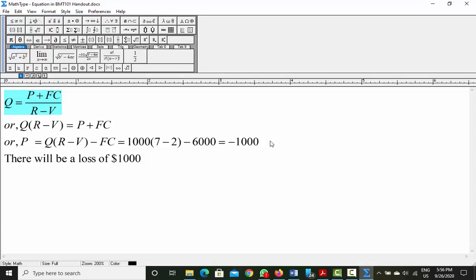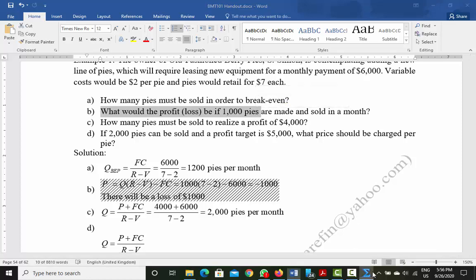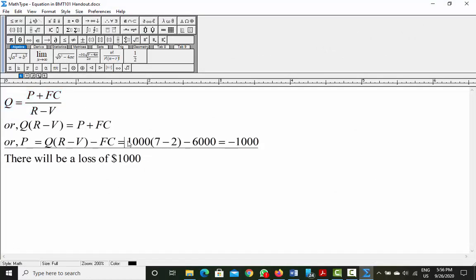Here in this question we want to find out what the profit or loss would be. That means we want to find the value of P if quantity sold is 1,000. We already know revenue per unit is $7, variable cost per unit is $2, and fixed cost is $6,000.